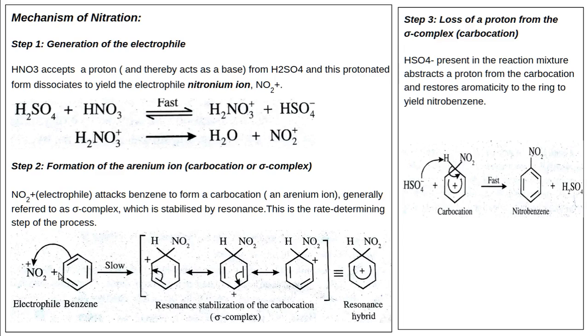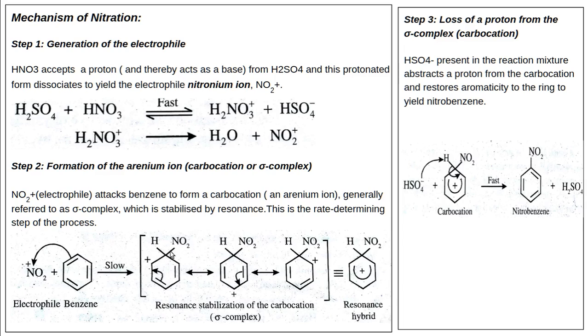In the second step, the electrophile NO2 plus attacks the benzene ring. When it attacks, the double bond electron pair shifts to this carbon. So this carbon gets a negative charge and at the same time the neighbouring carbon gets a positive charge. The electrophile attacks this negatively charged carbon, so the charges are neutralized.